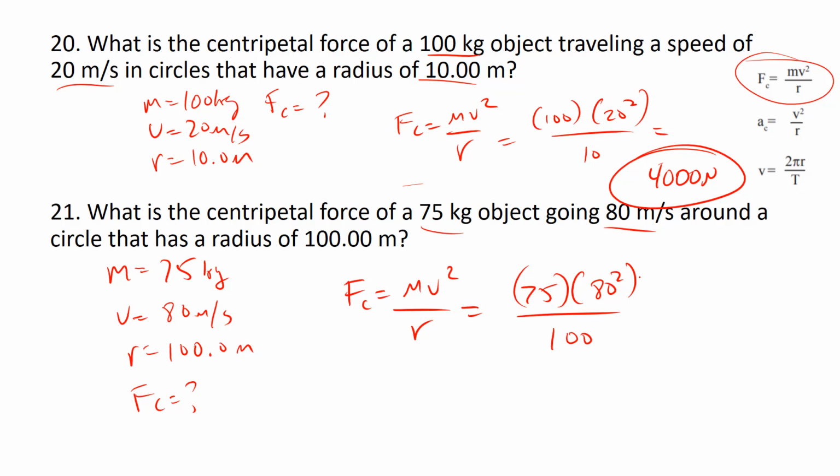So 75 times 80 squared equals, divided by 100 equals, so I get 4,800 newtons. So let's just double check. 75 times 80 squared. Only the 80 should be squared, divided by 100. And yes, I get the same thing, 4,800 newtons.